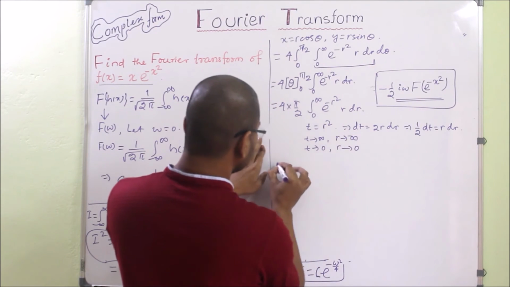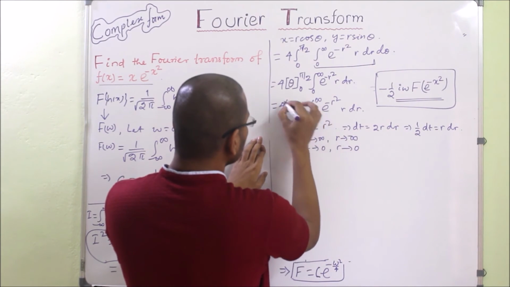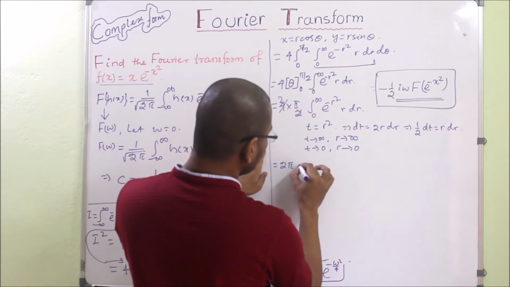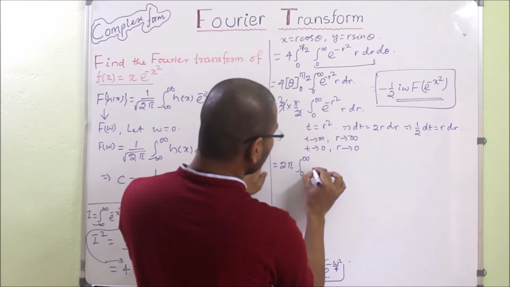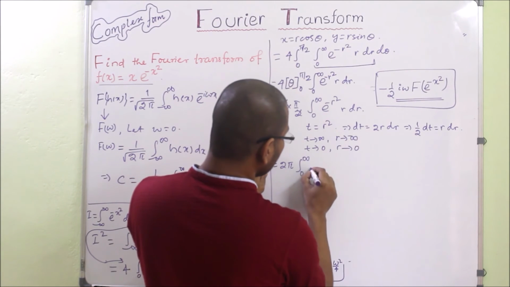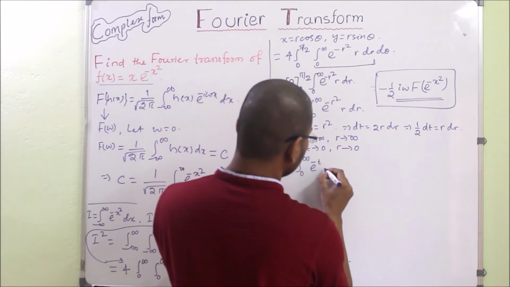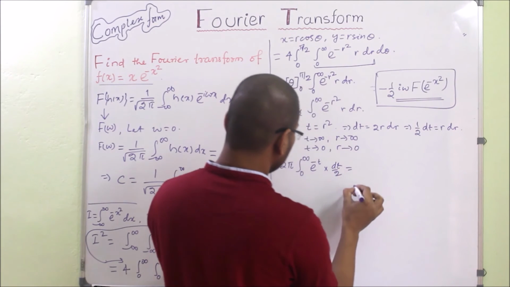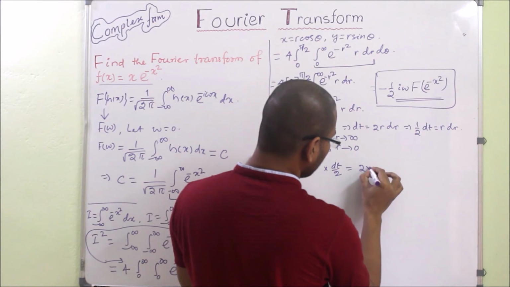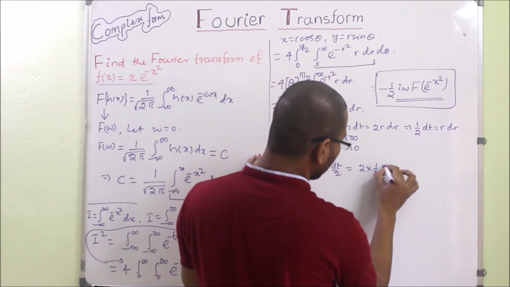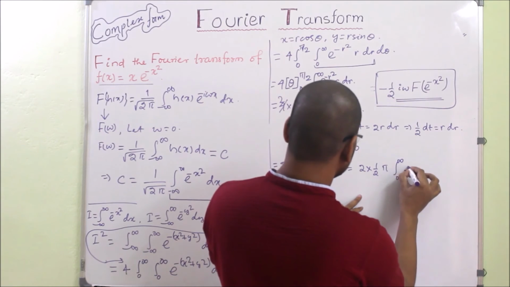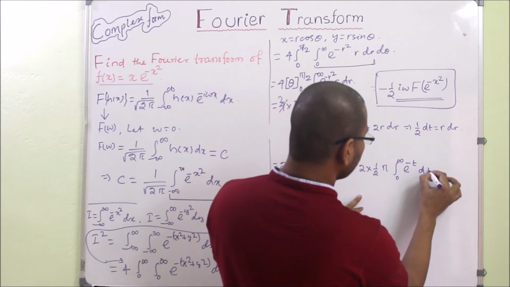So there will be no change in limit. So we will write 2 pi into 0 to infinity, then e to the power minus t into dt by 2. So now it will be 2 into 1 by 2 into pi, integration from 0 to infinity e to the power minus t dt.